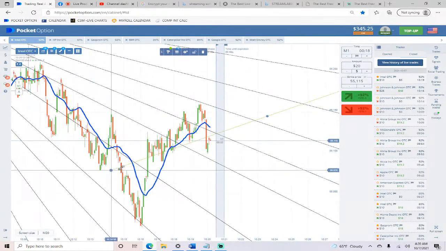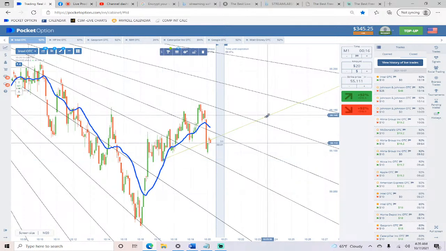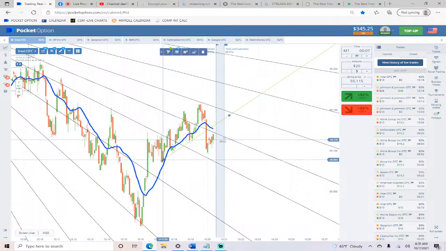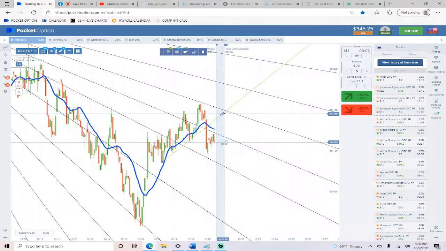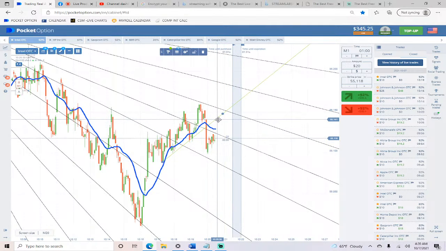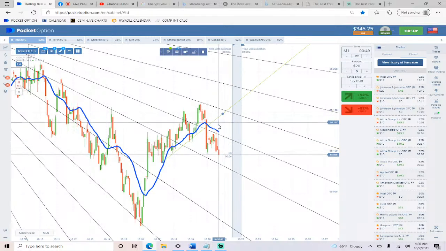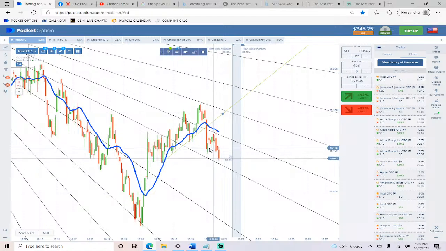Oh man, if I could draw this quick enough. Door candle closes. So we're going to be looking at a double top somewhere around here. Double top maybe, perhaps. Candle that broke, actually, I mean.